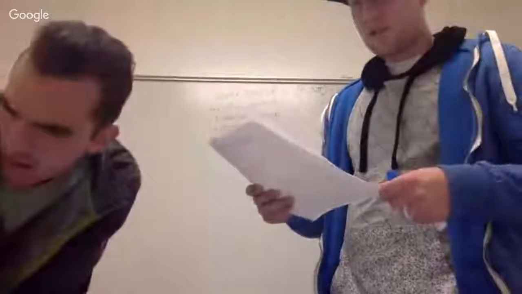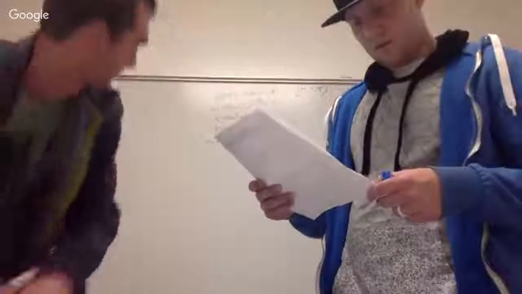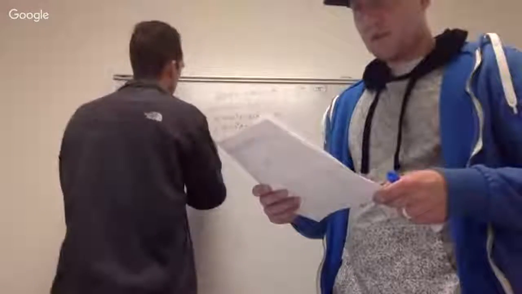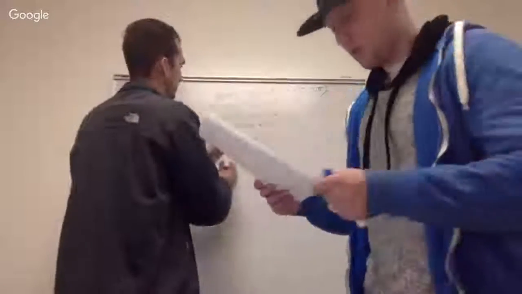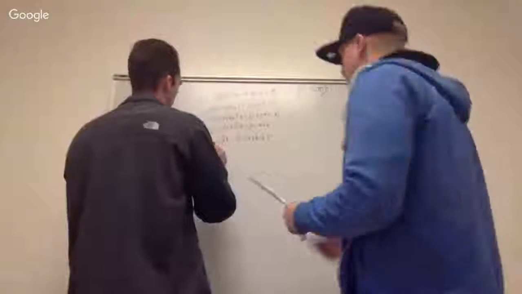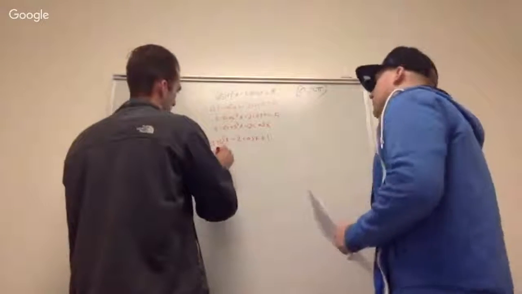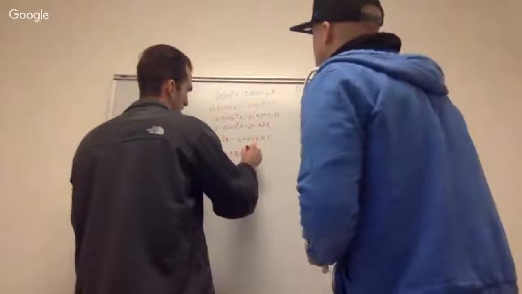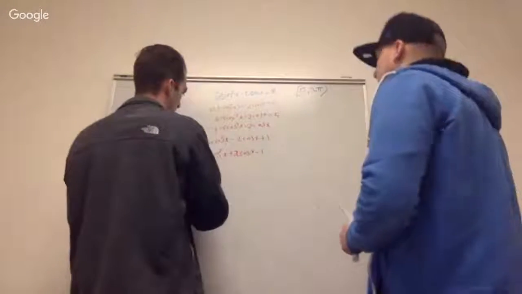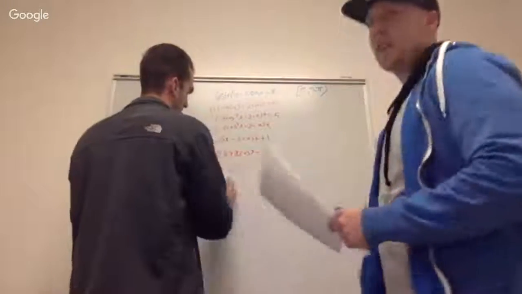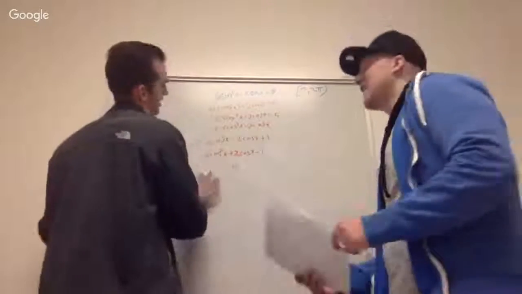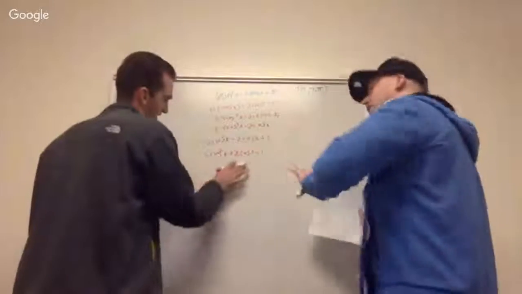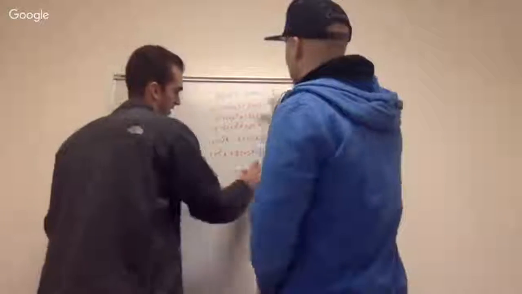Nice save. Okay, I see what he does. He basically flips it on the other side. He just flips the problem: square x plus 2 cosine x minus 1. Then we factor. He doesn't. This is where I lost right here. I would have done exactly what you did.